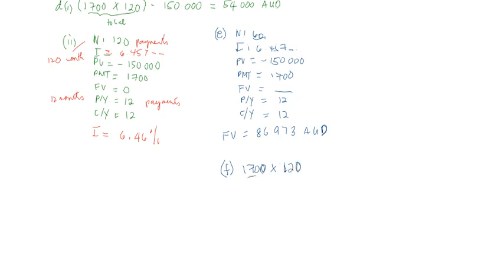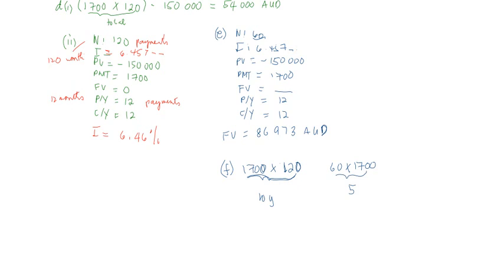This is if she paid for 10 years. But she only paid 60 times 1,700. So this is what she paid for 5 years. And then she paid the remaining after paying for 5 years.